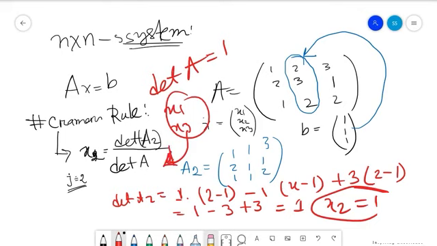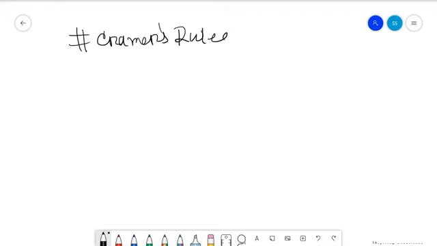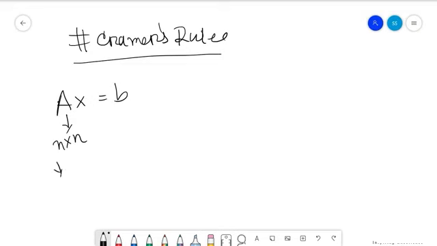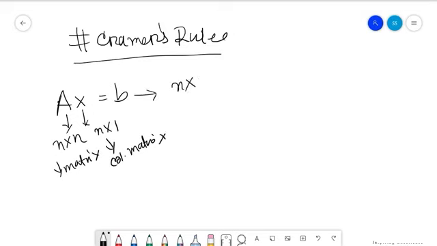So let me clear everything out and state the punchline of today. We were using Cramer's rule for solving linear systems, and if our system is like this, where this is an n cross n matrix, this is an n cross 1 column vector, and this is also an n cross 1 column matrix.